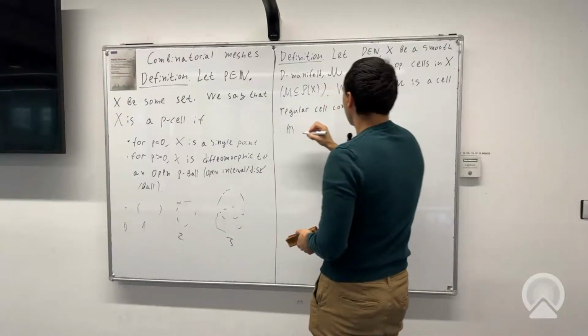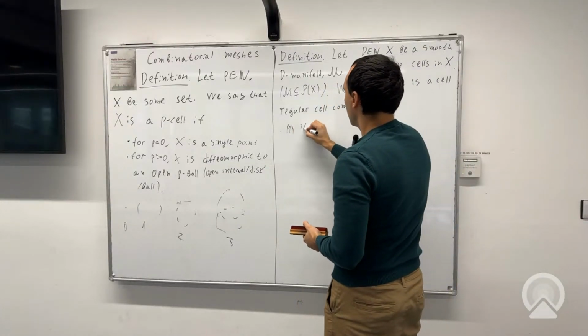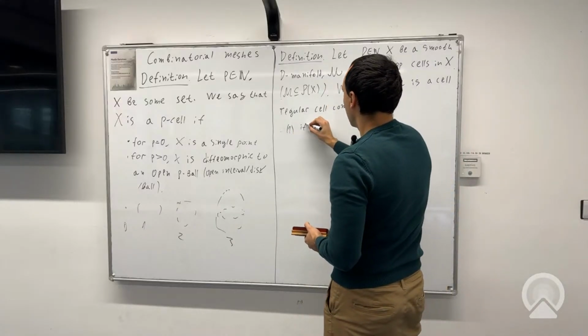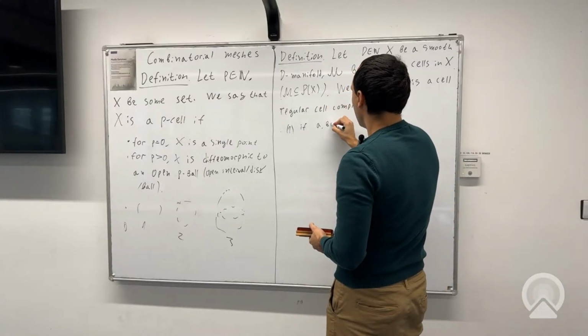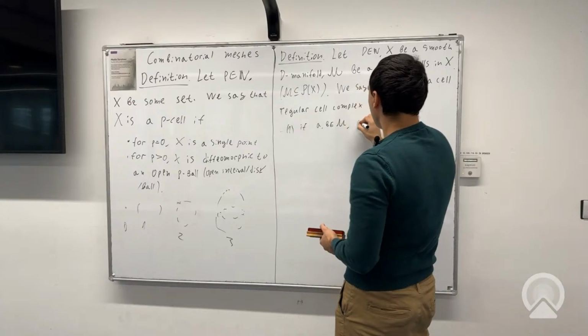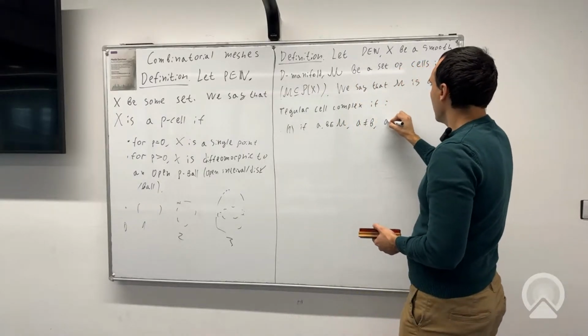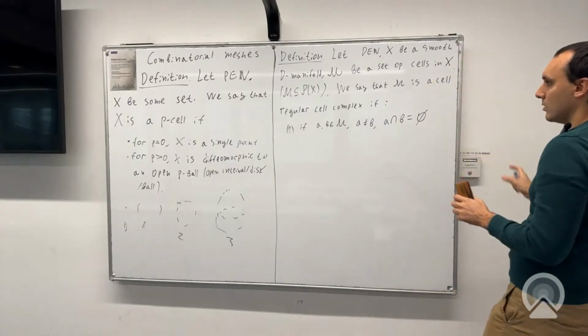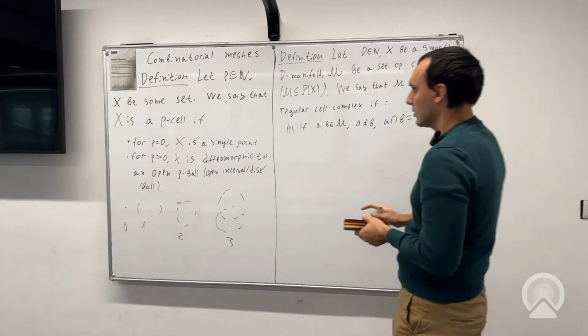First, if A, B are in M and A doesn't equal B, then A intersection with B is the empty set. So any two different cells are disjoint.